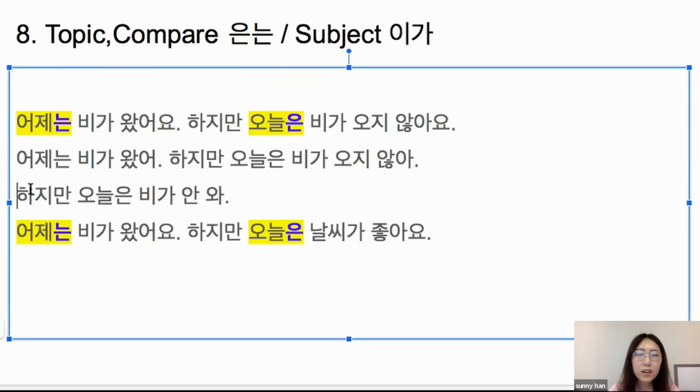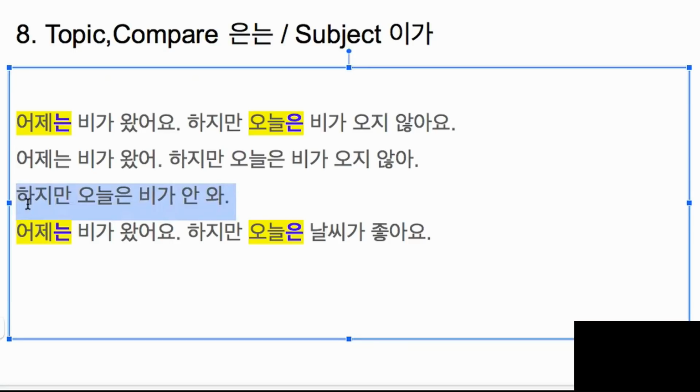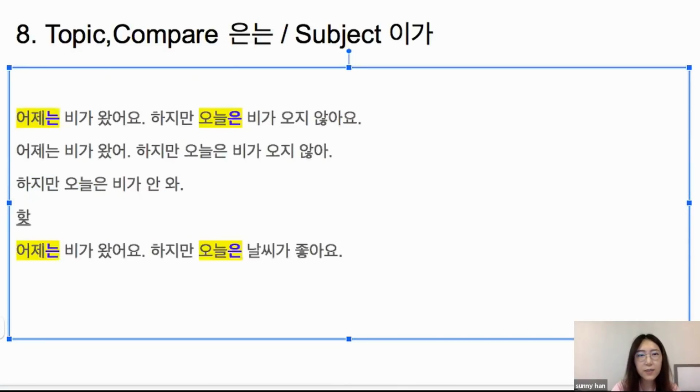What about formal way of this one? 하지만 오늘은 비가 안 와요. Correct. This one is formal way, okay?